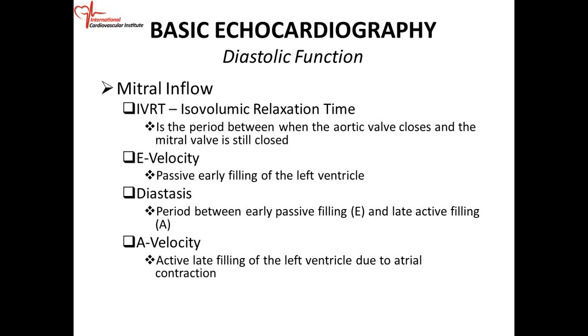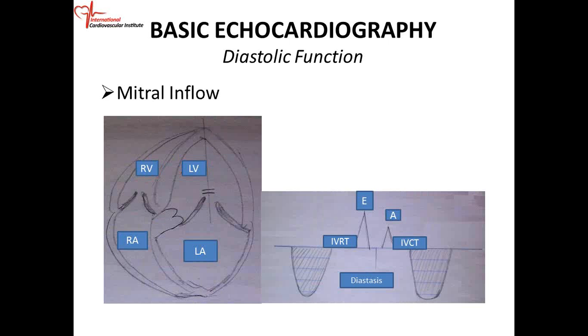Then after the E velocity, you have diastasis because of the equalization of pressure in the left atrium and left ventricle. There is no flow. And then after the diastasis period, the atrium contracts and pumps blood into the left ventricle, giving the A velocity. And it looks like this.